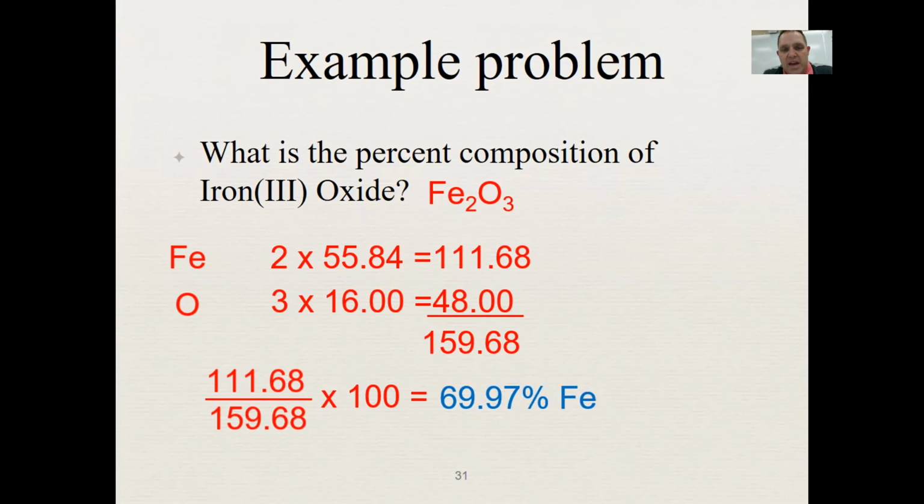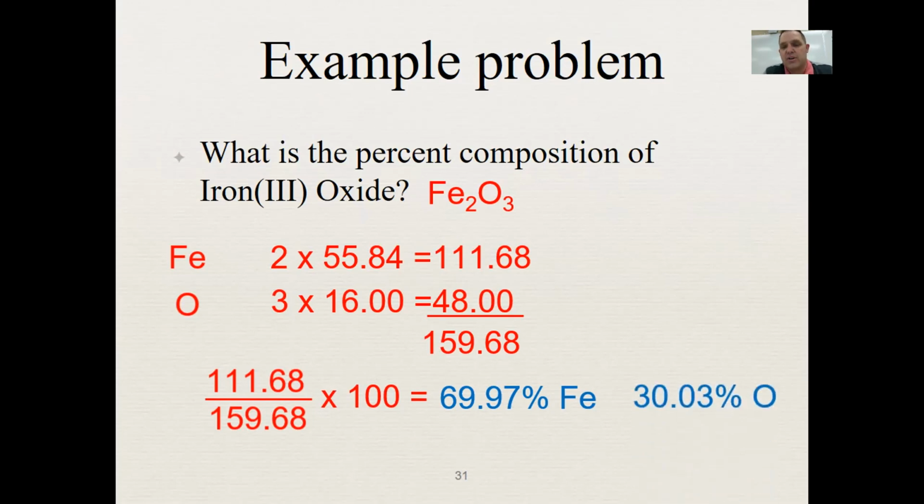You could take 48, because that's the amount of oxygen we have in there, divide it by 159.68 times 100, you get the answer. But if we remember that percent is out of 100, and there's only 2 elements in here, iron and oxygen, we could subtract the 69.97 from 100 and get the answer. Either way is acceptable as long as I get the answer.